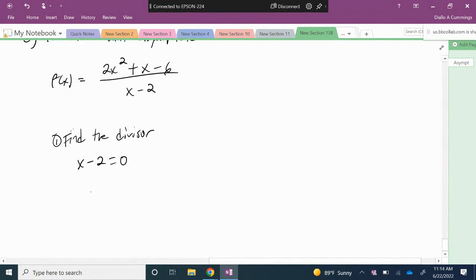If we add 2 to both sides, we have x is equal to 2. Keep in mind, everything is in descending order. The divisor has the first degree term, which is x, and the 0 degree term, which is 2. Our dividend is in descending order: the second degree term, the first degree term, and the 0 degree term.